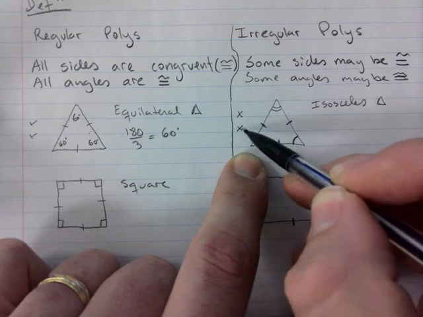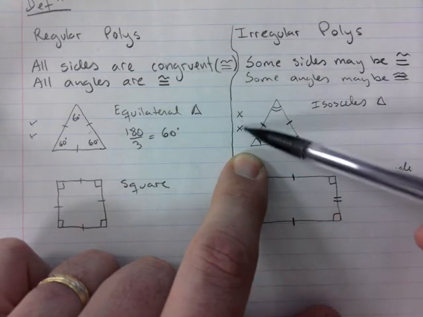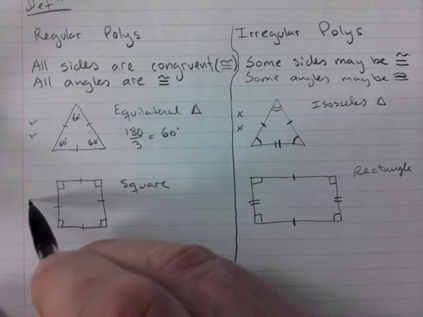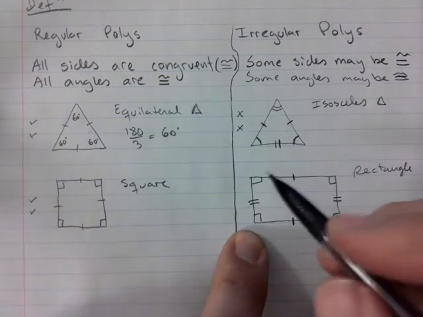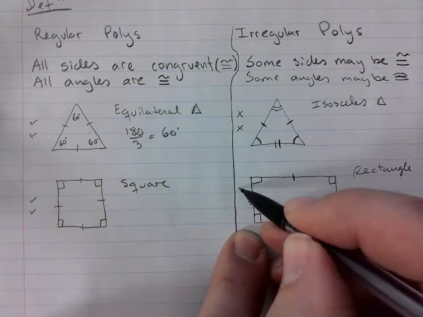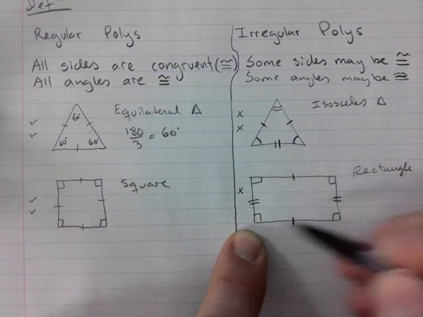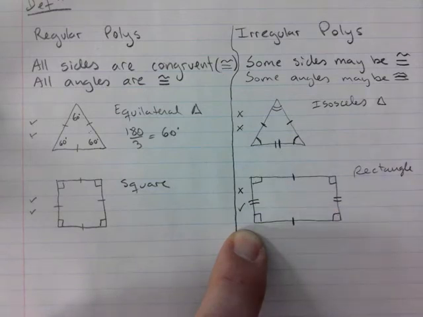So this one would fail both tests. Both of these would fail. For the square, both pass, of course. For the rectangle, all sides being the same fails, but are all angles the same? Yes, it would still be considered an irregular polygon.